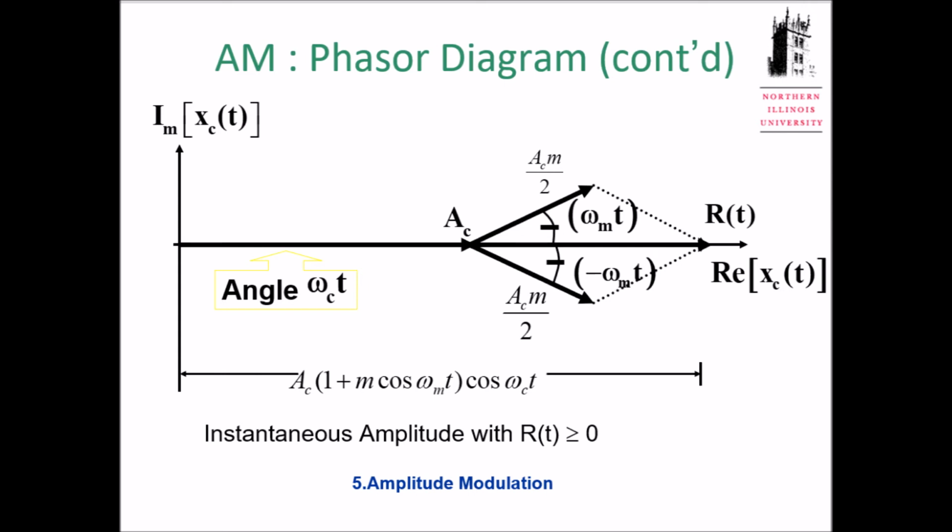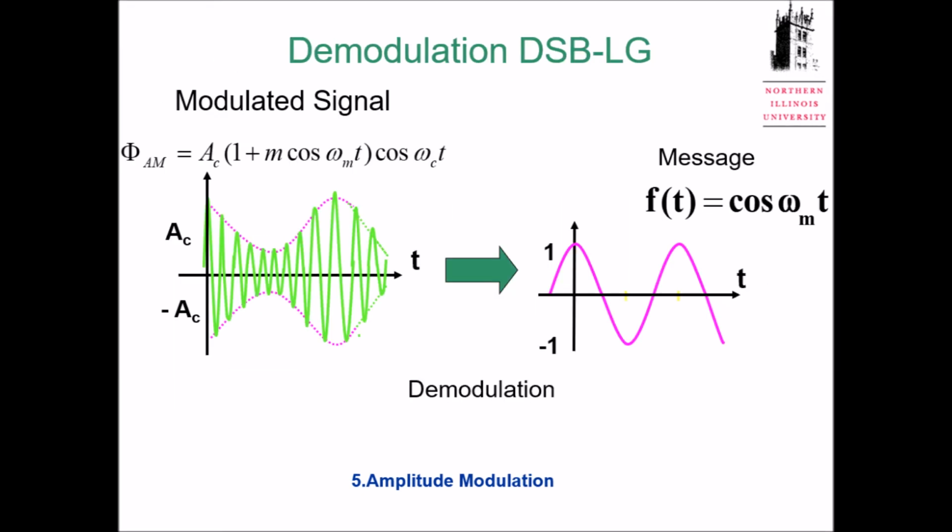So now we talk about something we went through very quickly last time. Why is my efficiency very, very low, but we still use this technique? The reason is here. We can use a very, very simple circuit to detect or demodulate my signal.